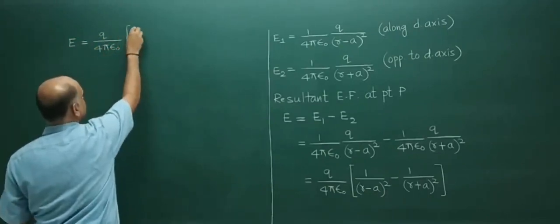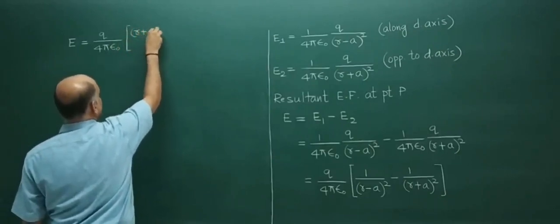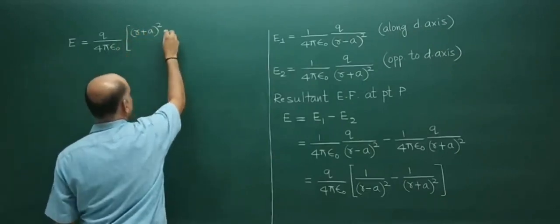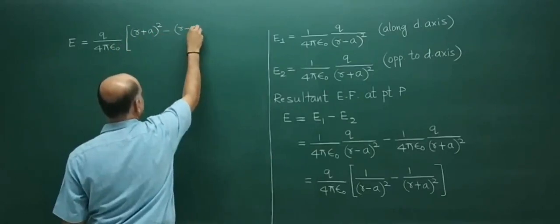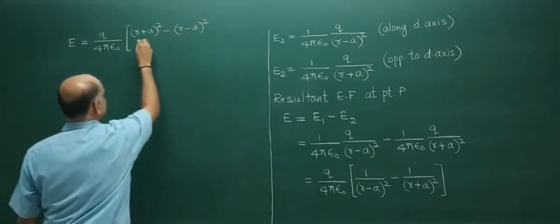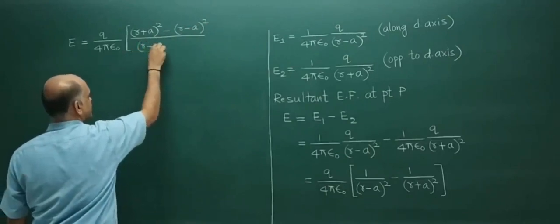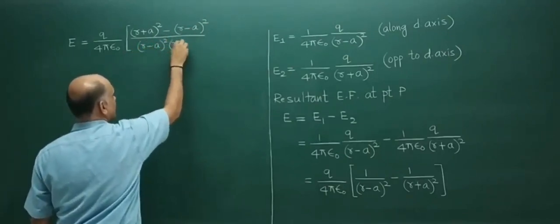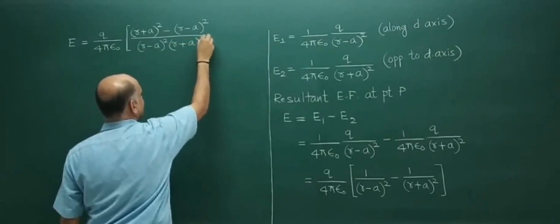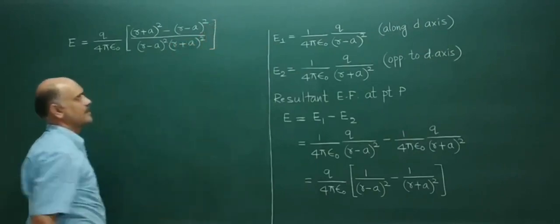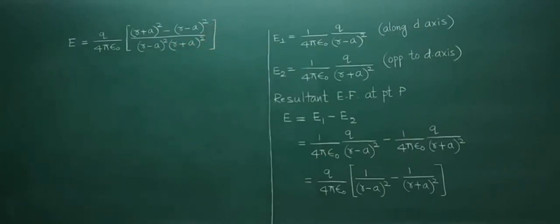If I cross multiply, (R plus A) whole square minus (R minus A) whole square, divided by (R minus A) whole square into (R plus A) whole square.